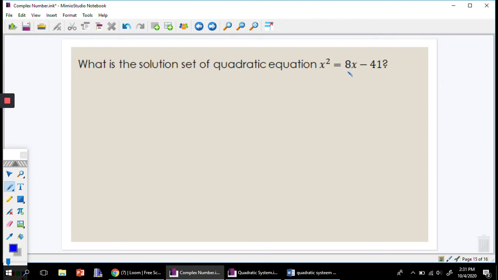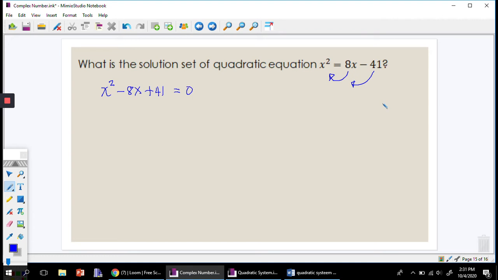In order to do that, we are going to move 8x and negative 41 to the left side. You can simply subtract both sides by 8x and add both sides by 41, or you can just move them to the left side of the equation and make sure that you change the sign. So it will be x squared minus 8x plus 41 is equal to 0, right?